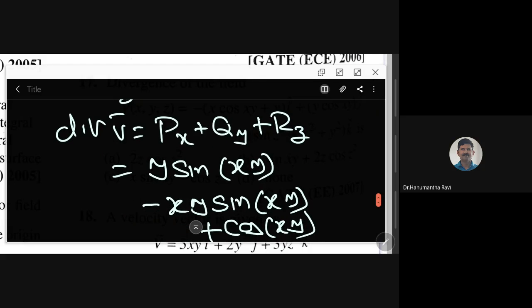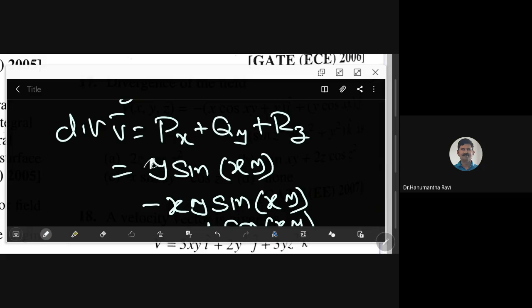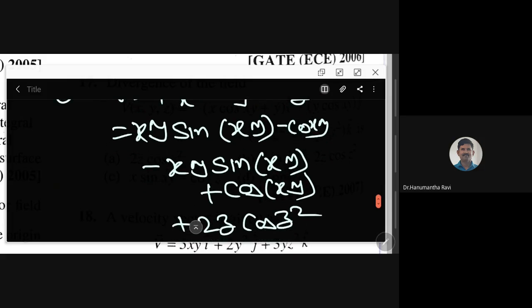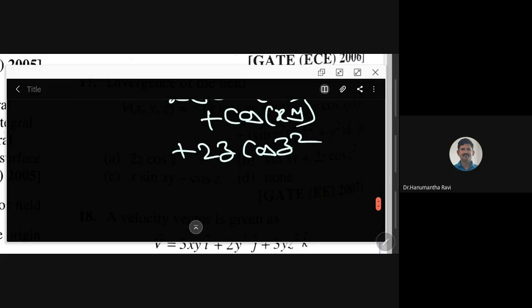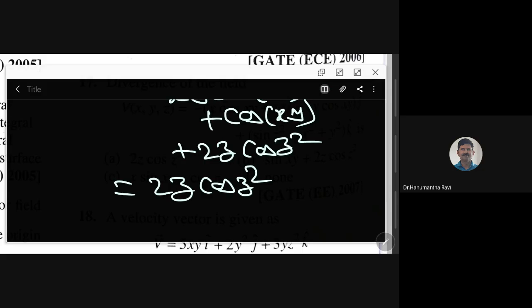Okay, so here what is happening is that xy is there, minus cos xy is there, and this results in 2z cos z square. So A is the answer, right? What he said is right. Look here, I'll show this work.